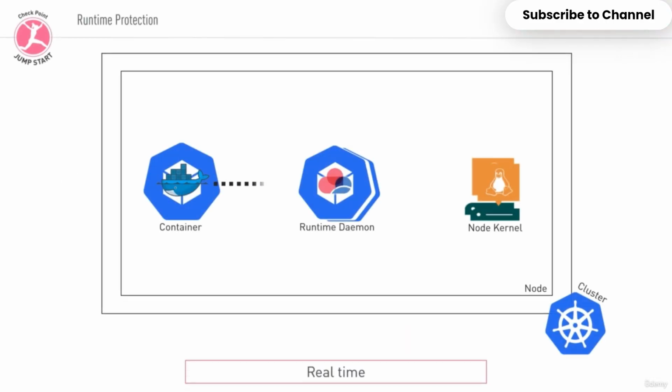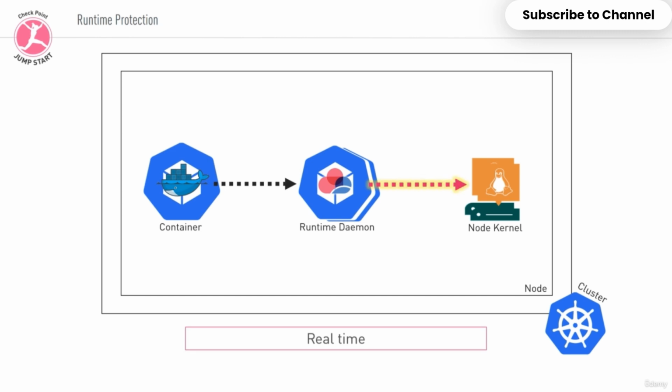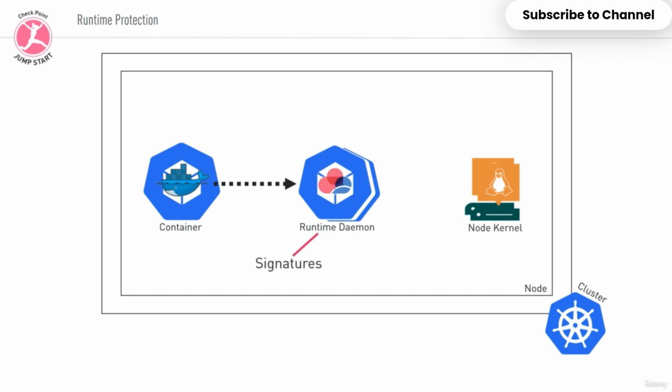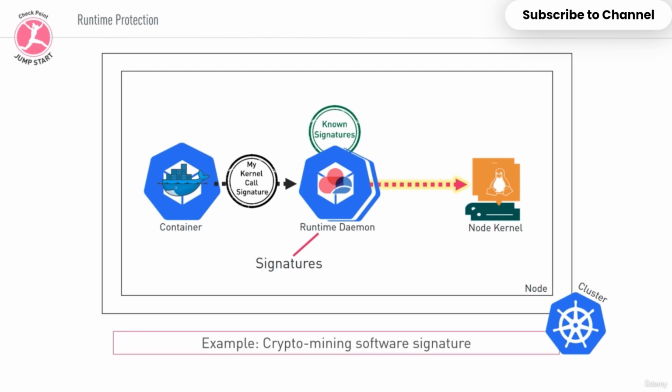CloudGuard monitors in real time the kernel system calls that workload containers perform. Runtime protection is a combination of two engines, signatures and profiles. The signature engine monitors the kernel system calls performed and compares them with known signatures that potentially indicate malicious behavior, for example, execution of processes associated with crypto mining software.